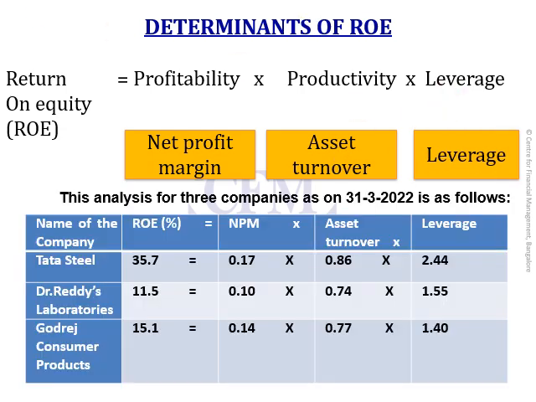It is instructive to look at the comparative picture for a few companies. Here is the DuPont equation for three companies as on 31st March 2022. The return on equity of Tata Steel was very impressive at 35.7%. Dr. Reddy's Laboratories had its ROE very low at 11.5% for the year 2022.